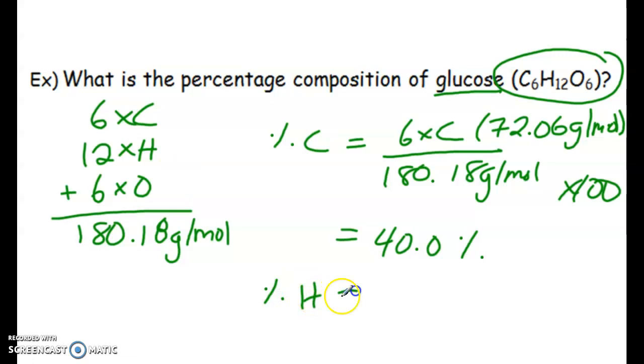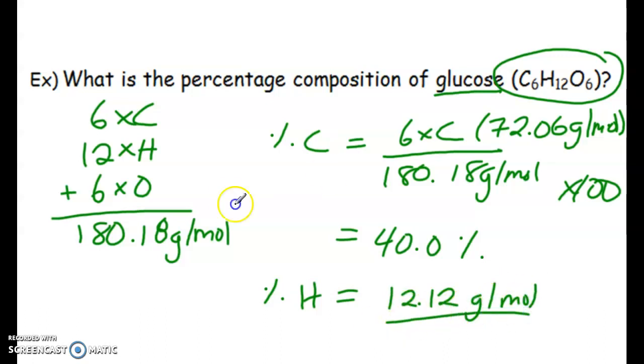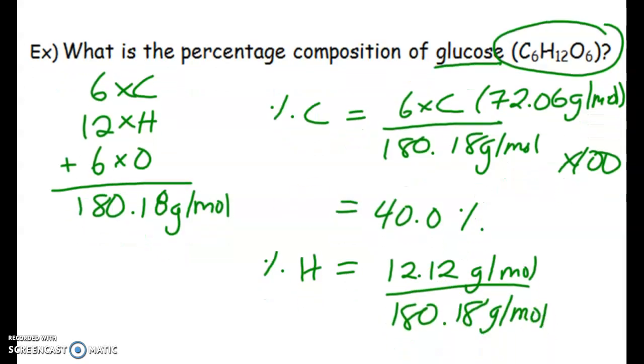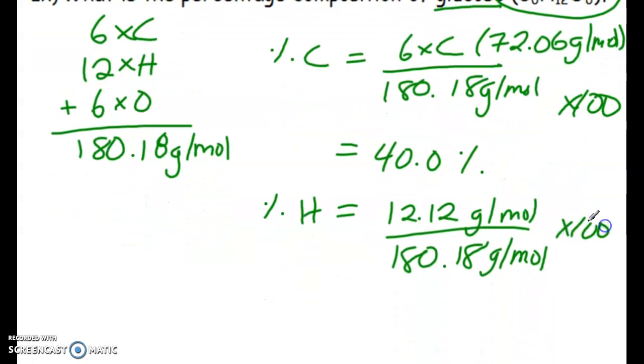Now hydrogen, right, it's going to be the 12 hydrogens in the numerator. So that's 12.12 grams per mole over 180.18 grams per mole. Of course, times 100. So this is going to end up being 6.73%.